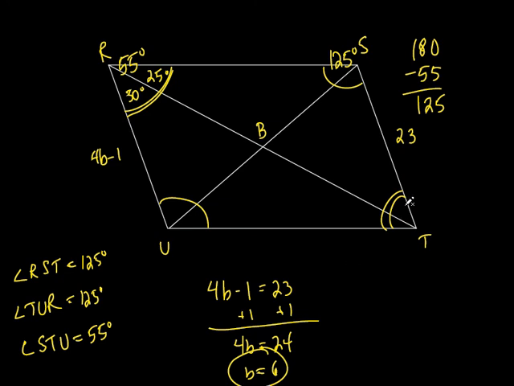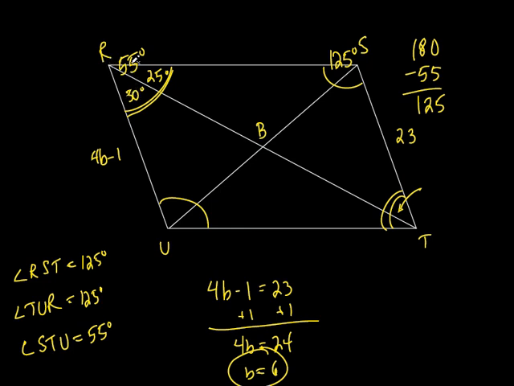What if they ask for STB? Angle STB. That would be this little angle right there. 30. Okay, good. Well, you're close. It's not opposite interior. What do we call it? No, not opposite. Alternate interior. But that's what it is.